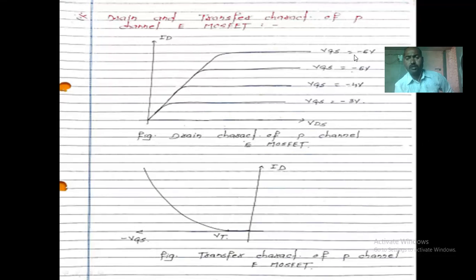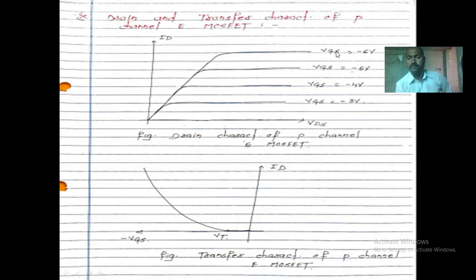With less negative voltage, the channel formed between the two P layers is small, so less current flows through the device. As we increase VGS to more negative, -4, -5 and -6, the largest amount of current flows through the device.